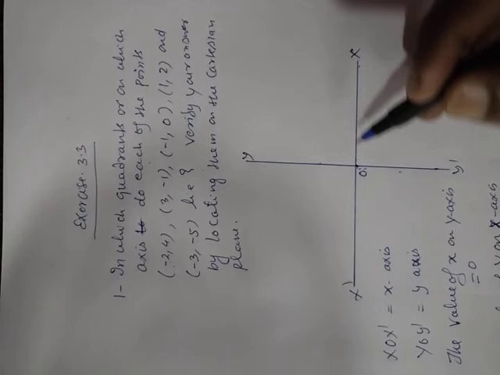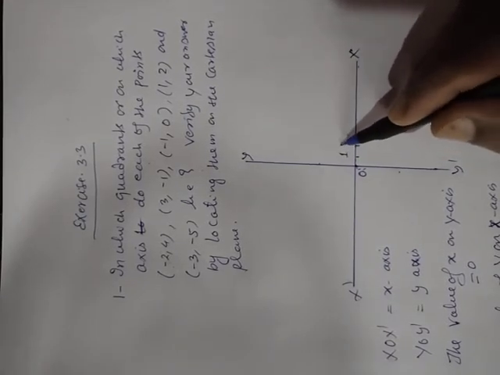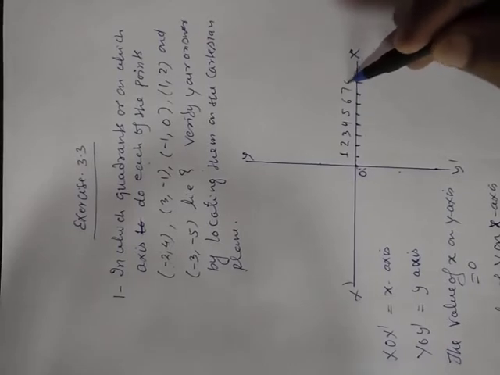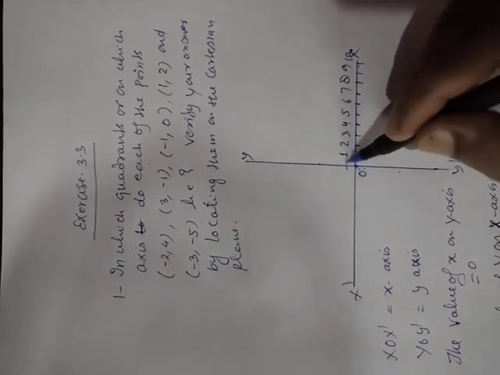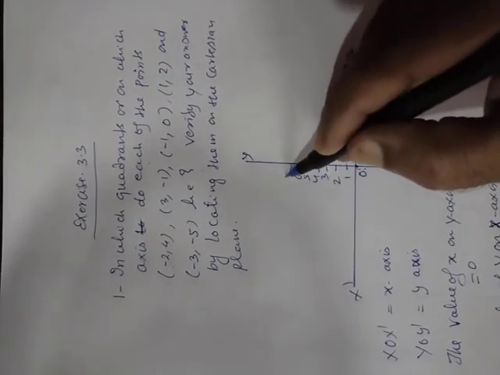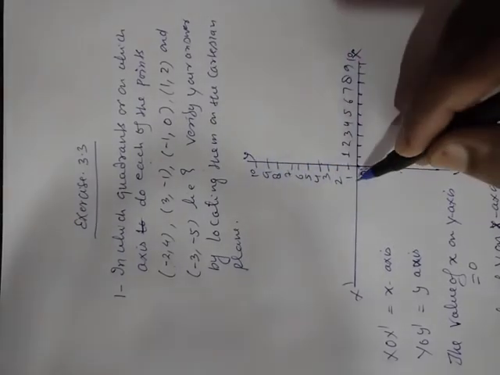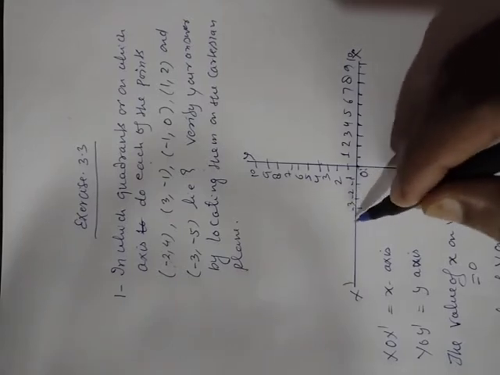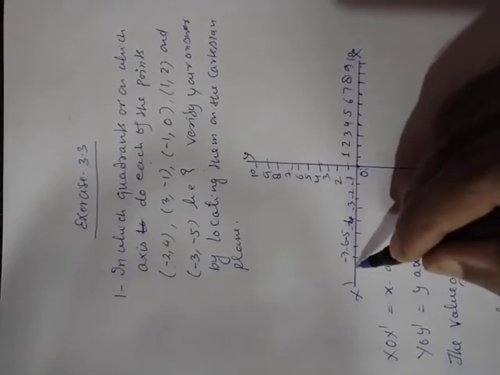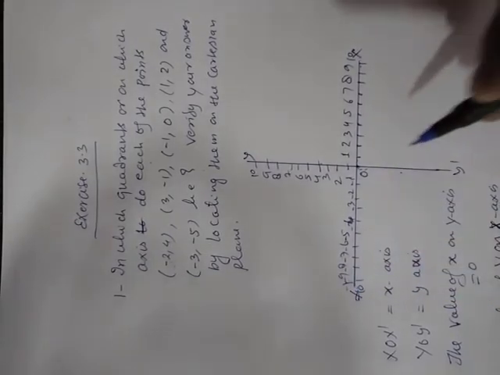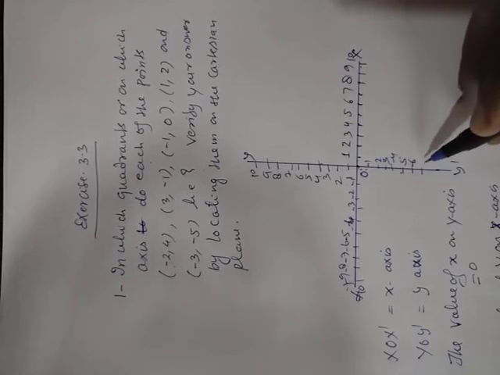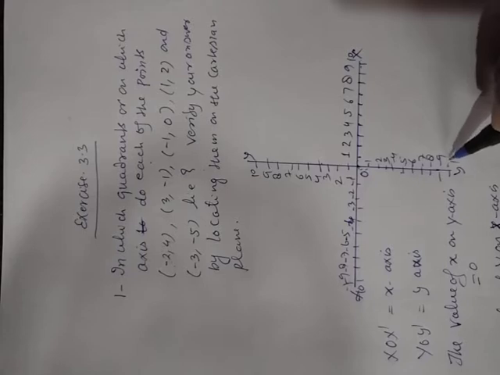You will keep in your mind, suppose that this is 1, 2, 3, 4, 5, 6, 7, 8, 9, 10, and on the other side -1, -2, -3, -4, -5, -6, -7, -8, -9, -10.